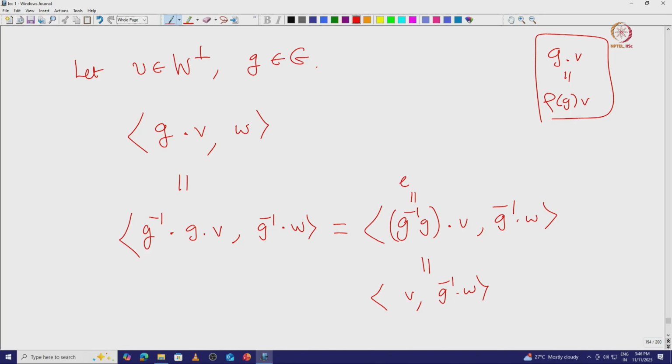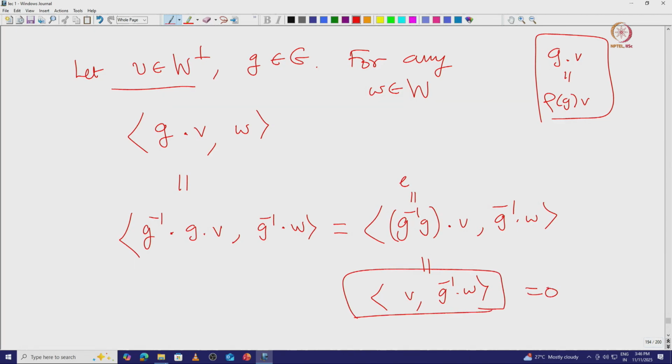Since v is coming from W perp, and g is from G, and g inverse dot w is an element of W for any w in W, you can see that this must be equal to 0, as v is in W perp.